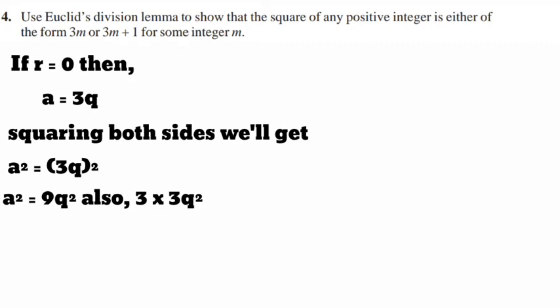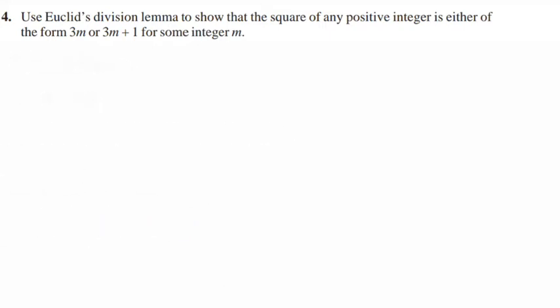We can also write it, to relate to the given hypothesis, as a squared is equal to 3 times 3q square. We have to make it 3m, not 3m plus 1, as there is no 1. So we can choose m as 3q square. Then a square will be equal to 3m, where the value of m is 3q square.